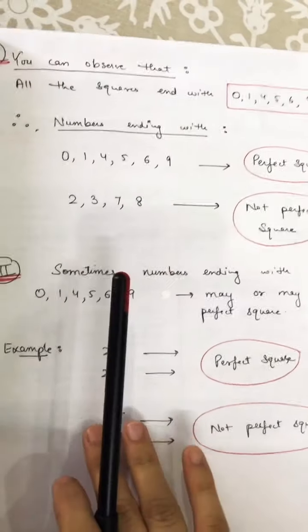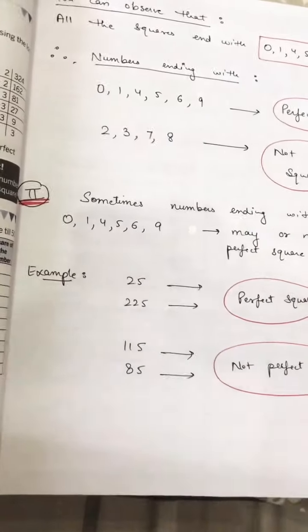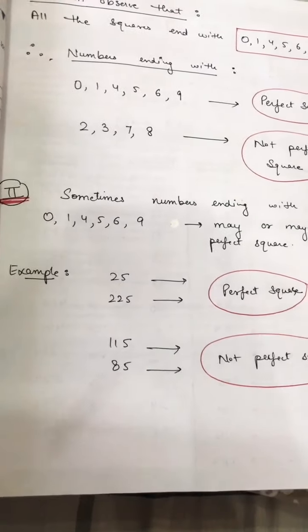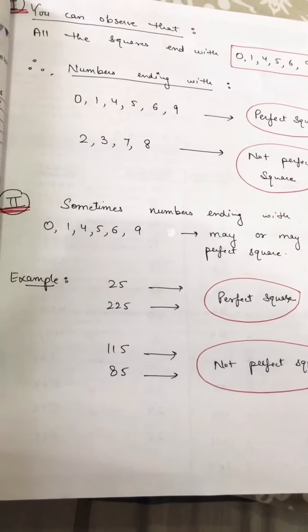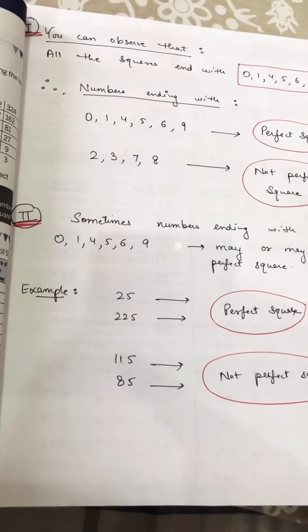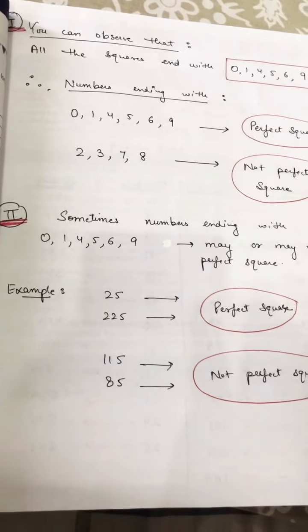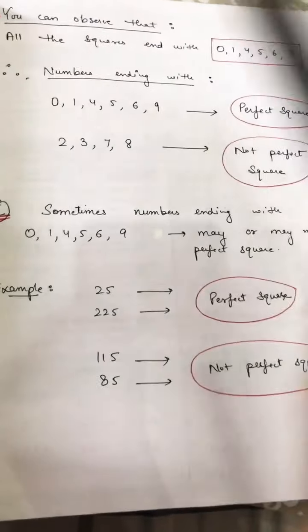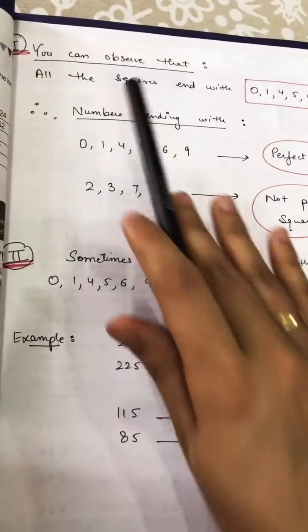This is a very quick shortcut method. Otherwise, the other method is prime factorization. You can go with that method, or you can simply check the last digit. So this is the first rule.